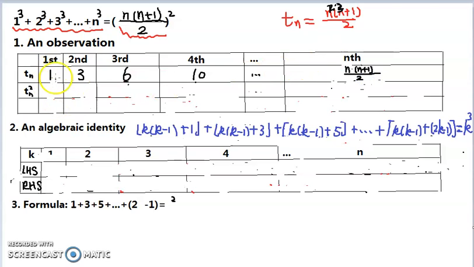And next, we're going to square each of the numbers, because the right-hand side squares each triangular number. So we know 1 squared is 1, 3 squared is 9, 6 squared is 36, 10 squared is 100. Continue this, and we get the nth triangular number squared.